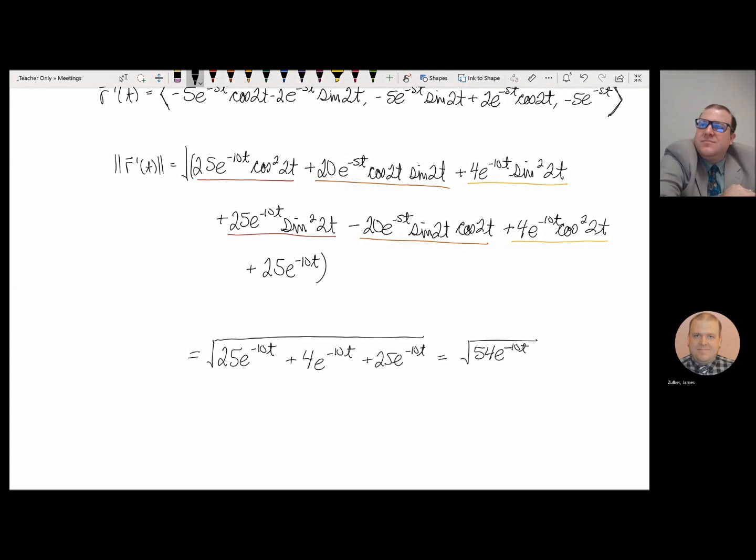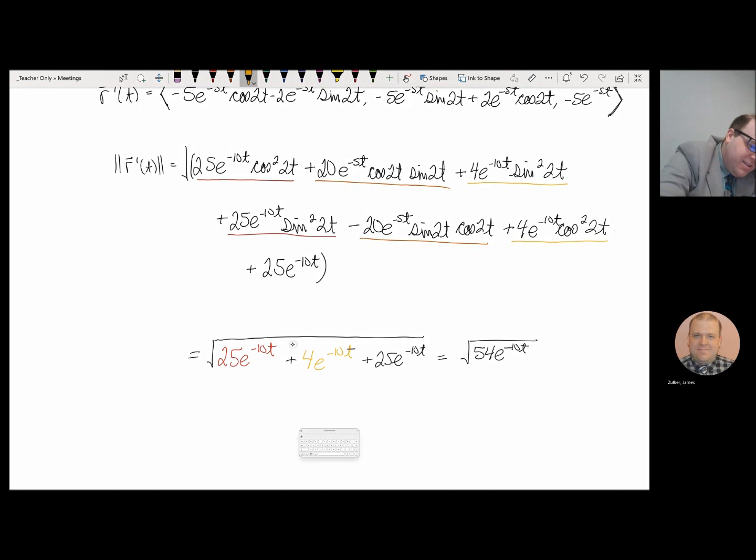Right, so the reds are the 25e to the minus 10t. The yellows are the 4e to the minus 10t, right? And the oranges cancel out, so it's 0.